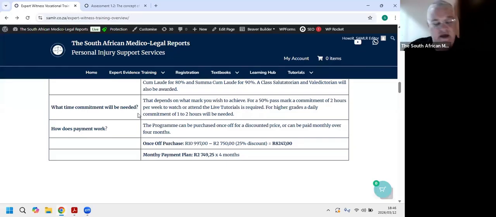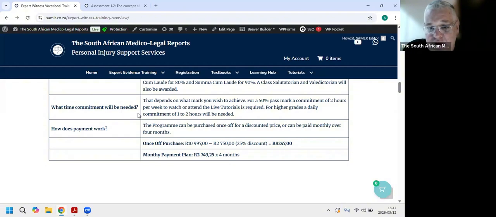And then just insofar as time commitment is concerned, we're all professionals. We understand that this is a significant investment, more of time. The money, I think it's very good value for money, but yes, it does cost. But really, it's the time taken that is the most important investment. And there we would like to give you the opportunity to tailor how you want to approach this course. That depends on what mark you want to achieve.